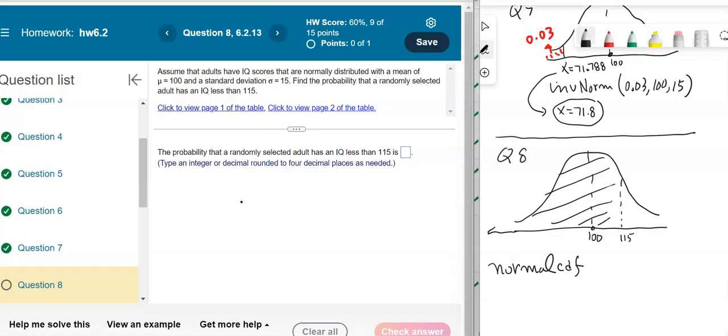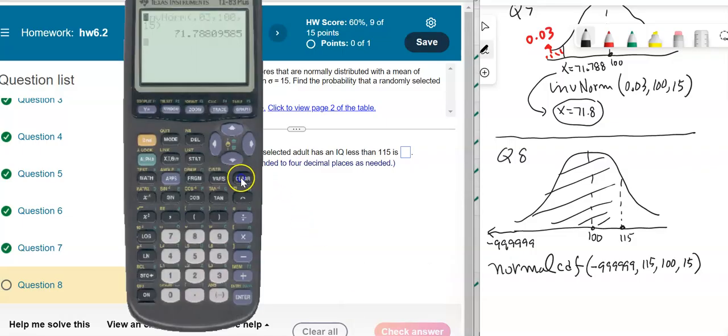What did I say at the end? Negative 999,999. So negative 999,999, and then upper is 115. Mu is 100. Sigma is 15.